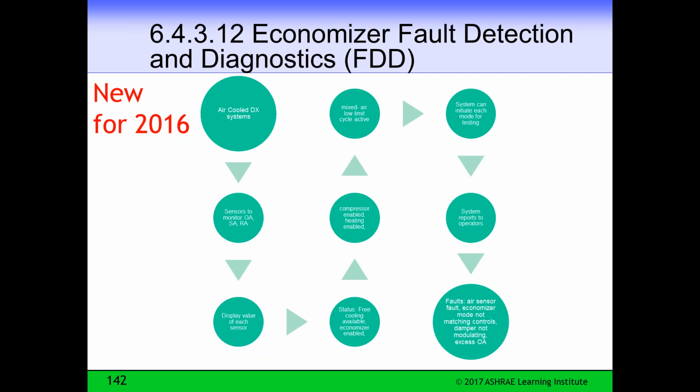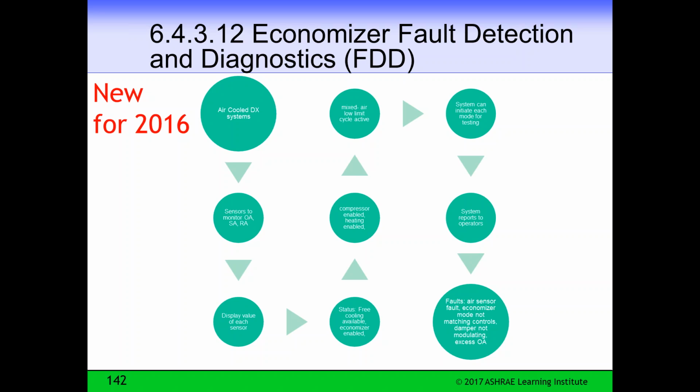We're going to have sensors that monitor the outside air supply or return air. We're going to display the values of each of those sensors so that we can troubleshoot. We're going to see what the status of free cooling available, and is the economizer actually enabled, and is the compressor enabled, and the heating enabled, mixed air, low limit, cycle active.